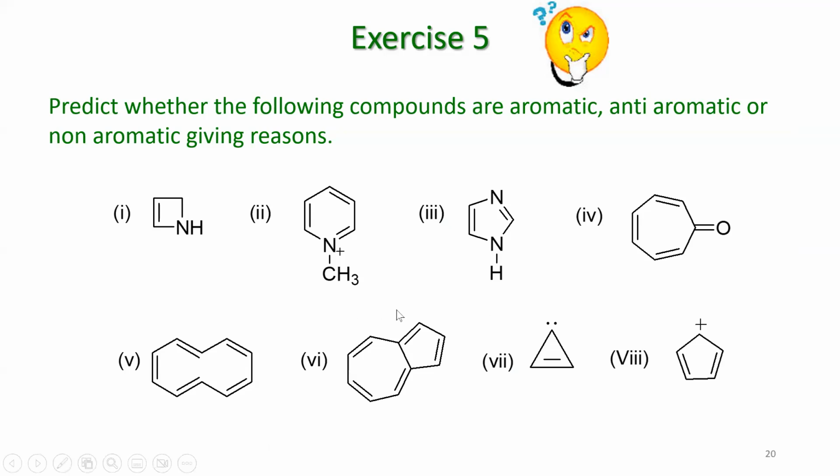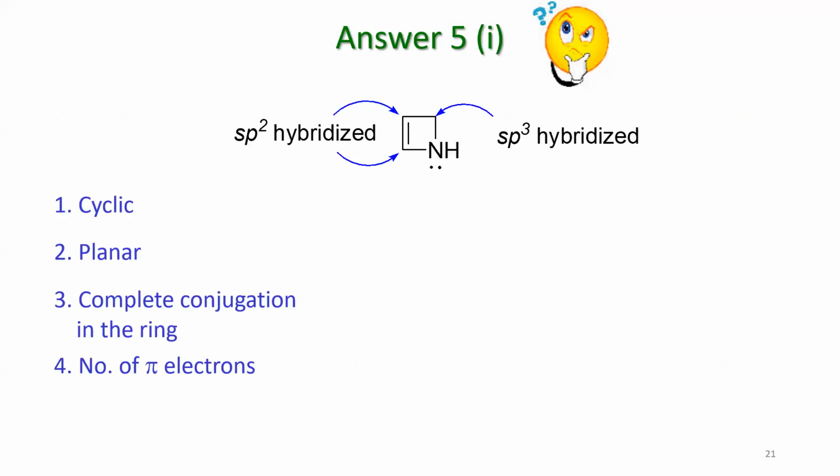I have carefully selected those structures for you, so that you will get a clear idea how to categorize compounds as aromatic, non-aromatic, and anti-aromatic. Let's take one by one. I hope you have gone through the book and you have some idea, but without wasting time, we'll see so that you can get the idea clear.